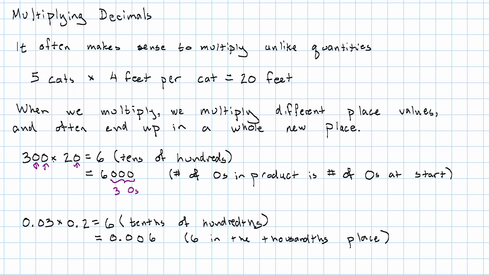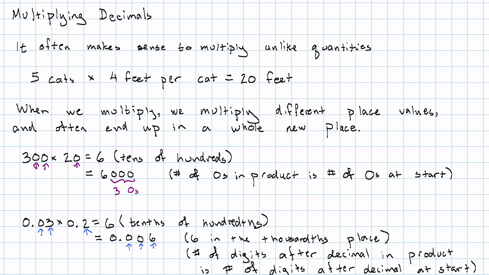When we were working with the large whole numbers, it was the number of zeros that we totaled. Here, we have 1, 2, 3 digits after the decimal point, 0 or not, any old digits, 3 digits after the decimal point. We end up with 3 digits after the decimal point in our answer.